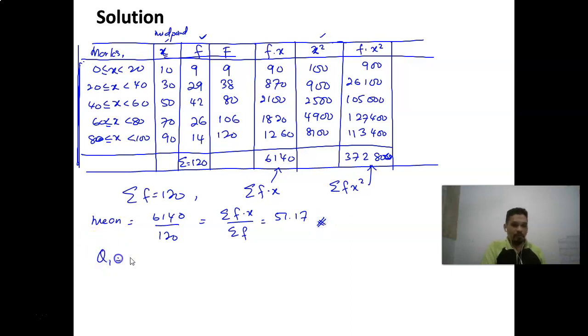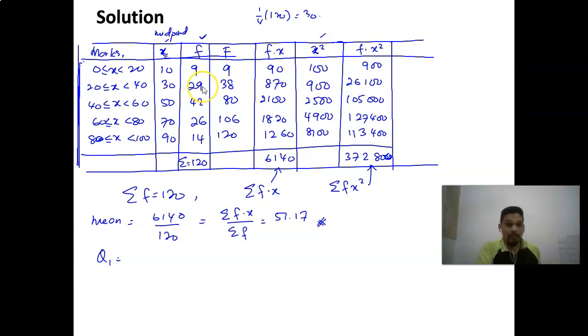And the first quartile. From the cumulative frequency of 120, a quarter times 120, 120 divided by 4, equals 30. So 30 lies between 9 and 38. The lower boundary of the class here is 20, the cumulative frequency before is 9, and the frequency of the first quartile class is 29.